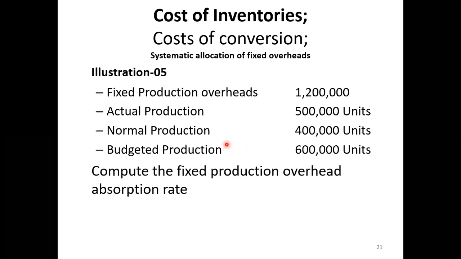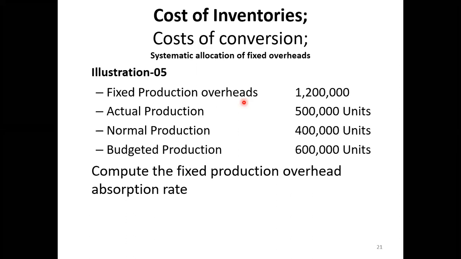Here, the actual fixed production overhead is 1.2 million, actual production 500,000, normal production 400,000, budgeted 600,000. Compute the fixed production overhead absorption rate. We don't worry about budgeted production.